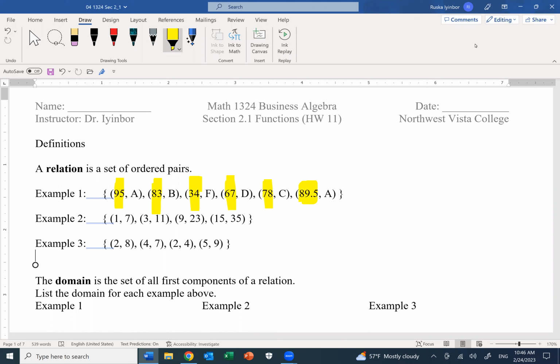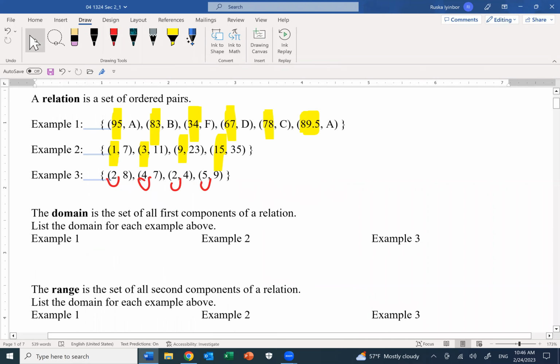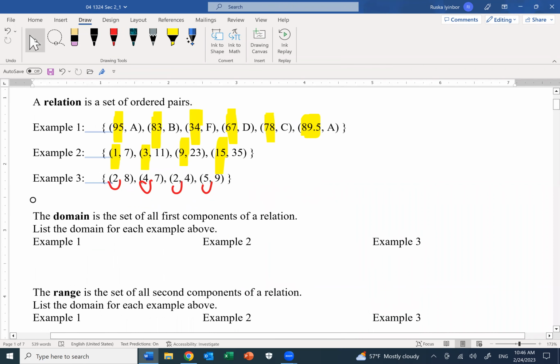In example 2, I have 1, 3, 9, 15. Only the first numbers are part of the domain. The same way, for example 3, we have 2, 4, 2, and 5 from the domain. You can write all of this down.